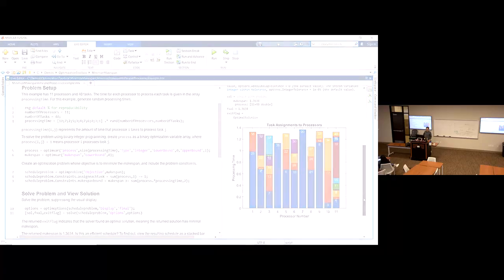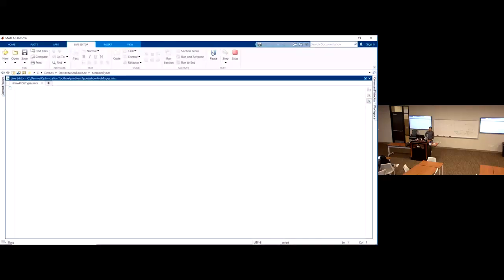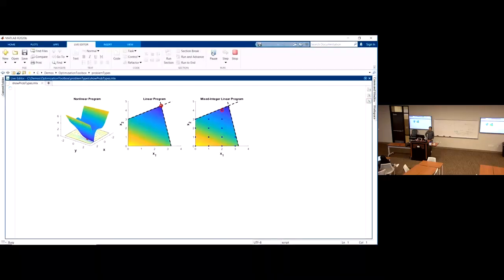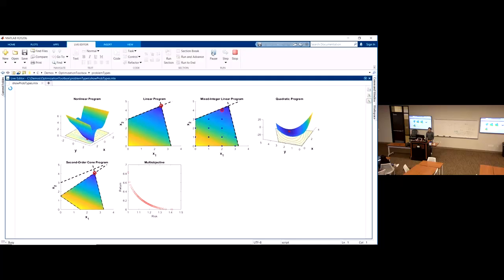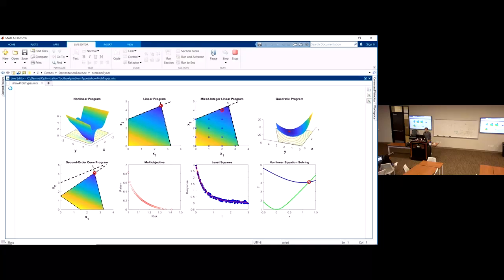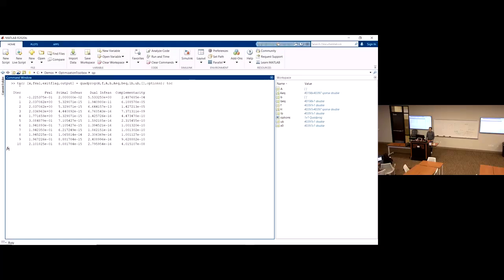in this scheduling example. In addition to solvers for nonlinear, linear, and mixed integer linear programs, Optimization Toolbox includes specialized solvers for quadratic programs, second-order cone programs, multi-objective, and linear and nonlinear least squares. You can quickly solve large and sparse problems with thousands of variables.